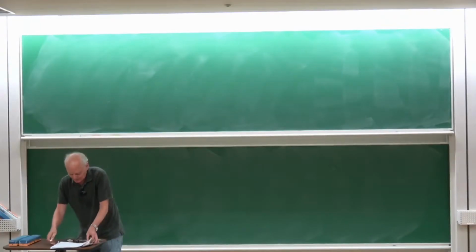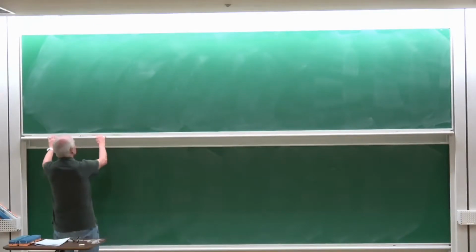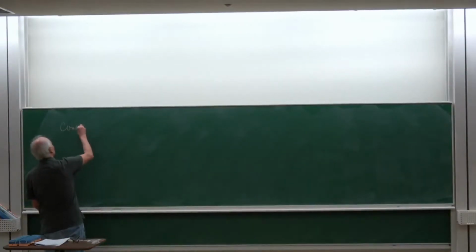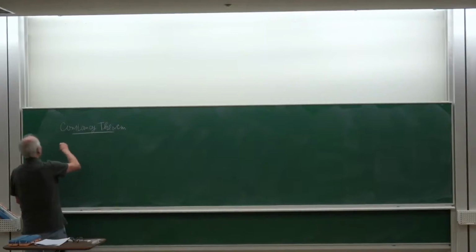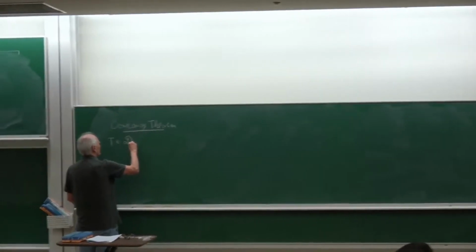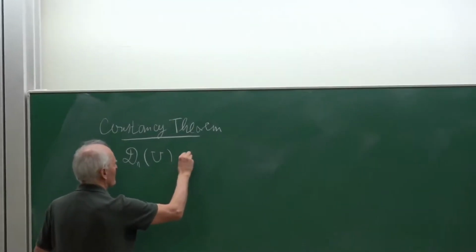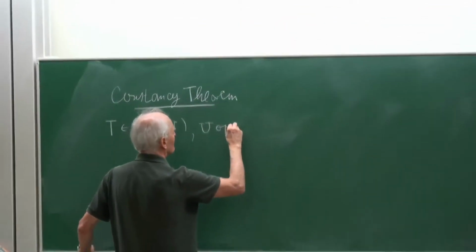We were in the process of proving the constancy theorem. So let's see how that works out. Let T be in D_n(U), an n-current, and here U is open in R^n.